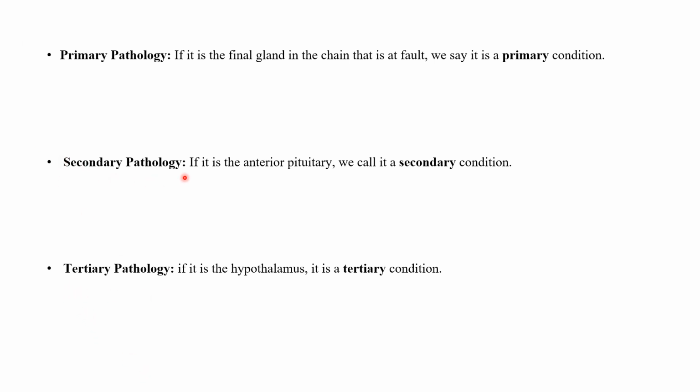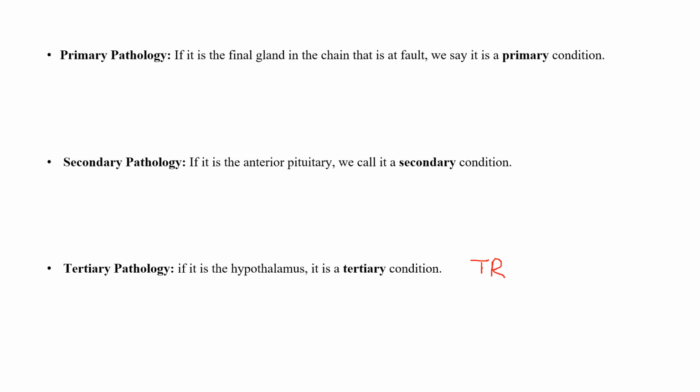And what is secondary pathology? If the problem is with the anterior pituitary. Now let's follow the same example. If I can write here, it will be maybe better. You will be able to know. So let's follow the example of the thyroid hormone.